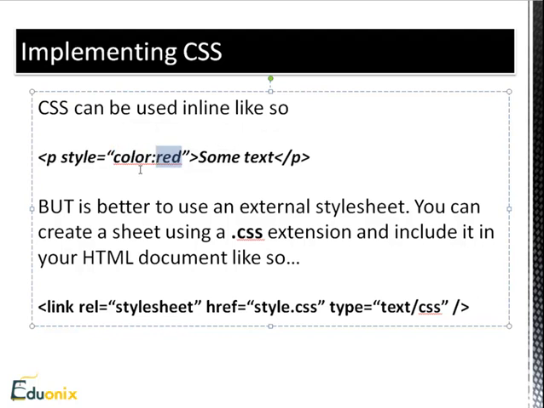So color red, and then we have other kinds, like padding, which is the space around an element. We could say 5 pixels, and that would give a padding around the paragraph of 5 pixels. And like I said, it's a lot easier to show you, so we'll be doing that in this chapter.